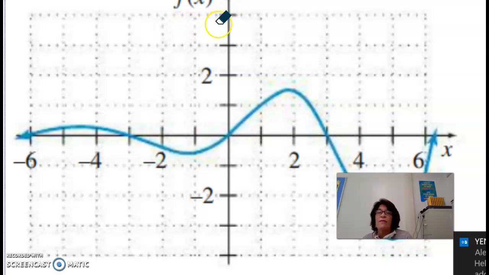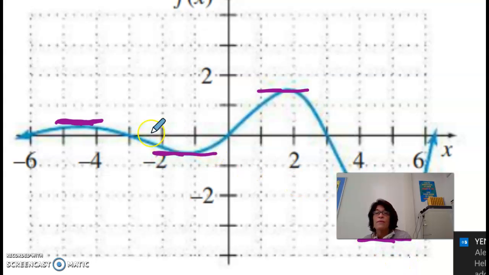If this is my function f of x and I want to trace the derivative, I notice that I have horizontal tangents here, here, here, and here. What that means is the derivative is 0. So if I was going to graph the derivative, I know that right here at negative 3.5, it would be 0.